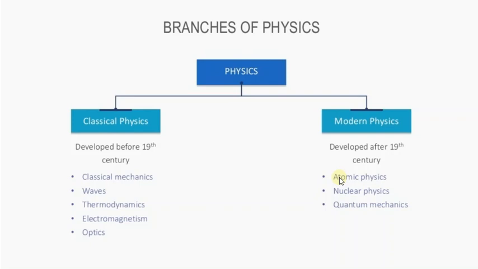Further researches gave birth to many new disciplines in physics, such as nuclear physics, which deals with the atomic nuclei. Particle physics is concerned with the ultimate particles of which matter is composed. So, physics is the most fundamental of all the sciences.